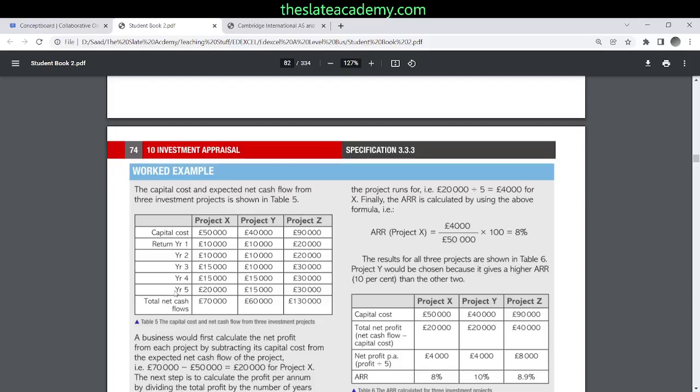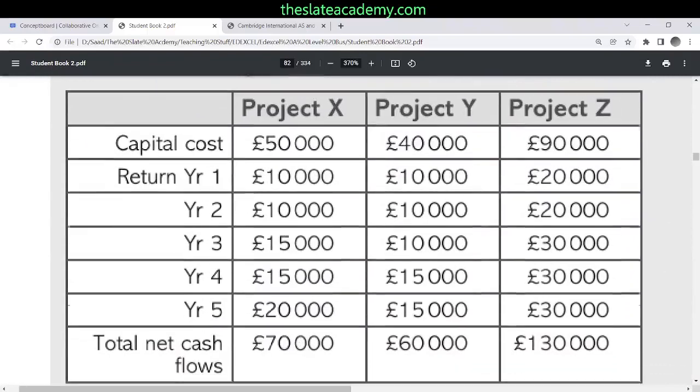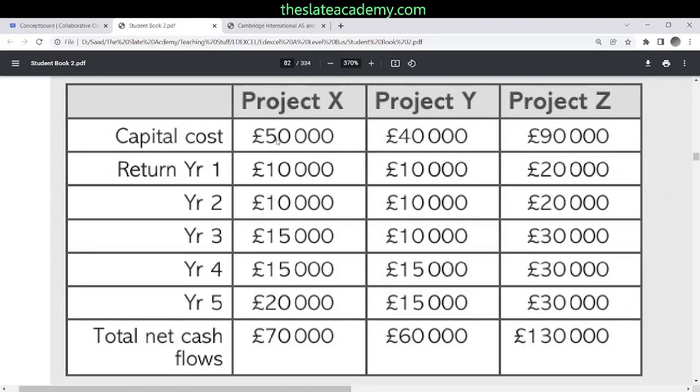4,000, over the initial investment. So for this 50,000, I'm getting 4,000 return per annum. So my average rate of return is how much? 4,000 over 50,000. See, this is the initial cost that we have to invest in the project, 50,000.